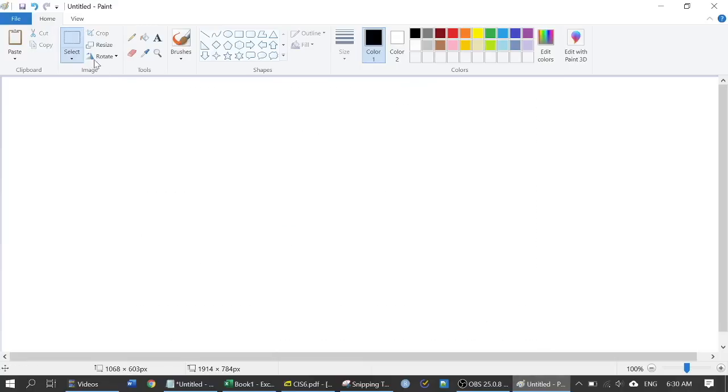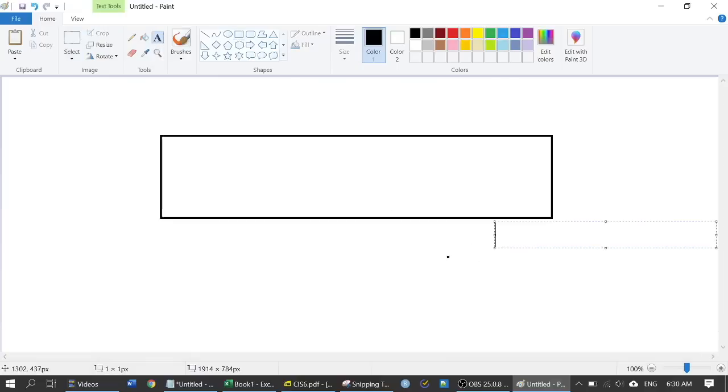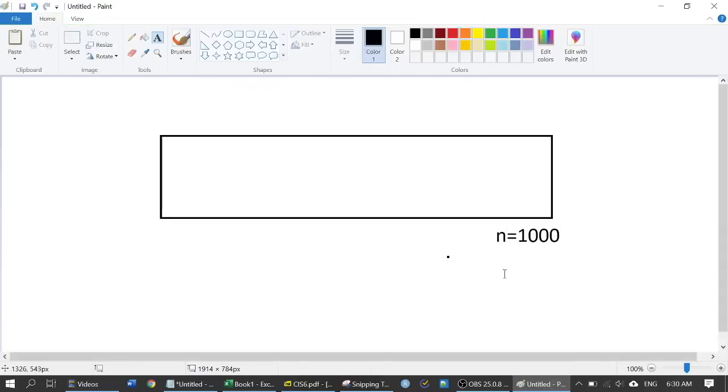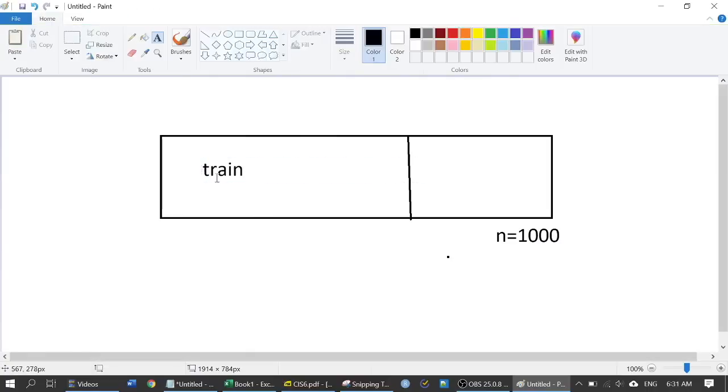Usually when we want to do analysis, let's say we have a set of data here, and N is, let's say, 1000. So the total number of observations in this data set is 1000. Perhaps you want to divide the data into two parts, in which the first part is the training data set, used to build the model.